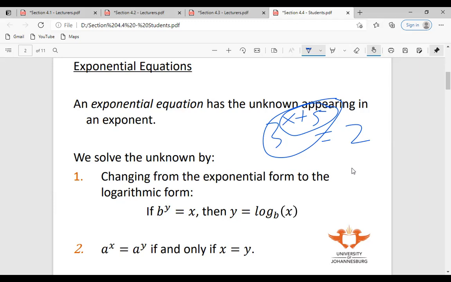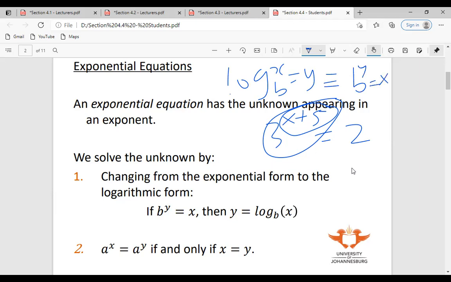We already saw that if the log of x base b is equal to y, then it is the same thing as saying that b to the y is equal to x.